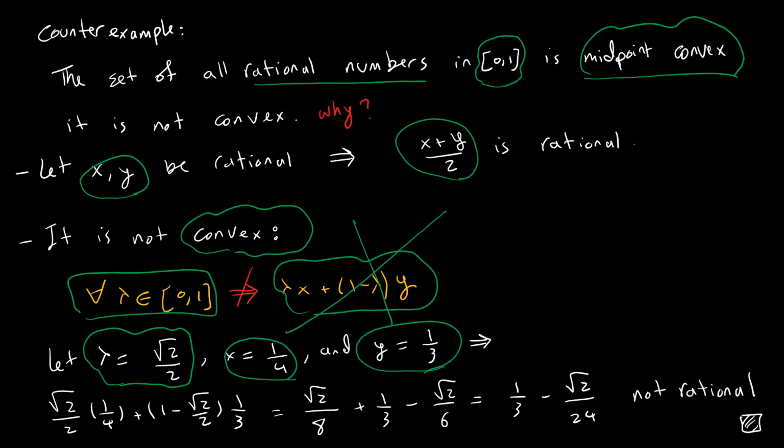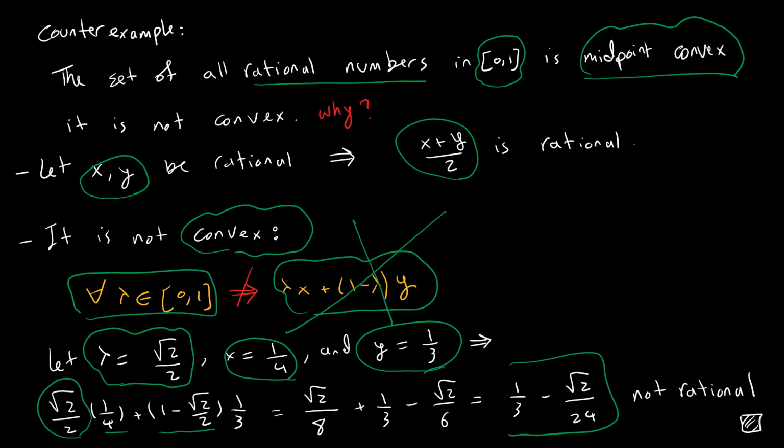So if we let lambda be root 2 over 2 times 1/4 plus 1 minus root 2 over 2 times 1/3, then we're going to get this number, which is not a rational number. Therefore, midpoint convexity does not imply convexity.